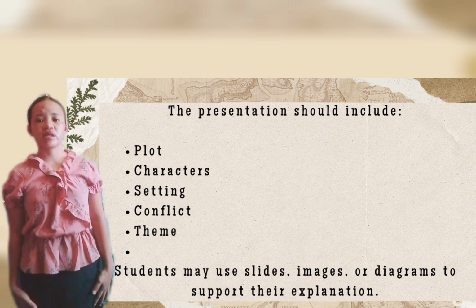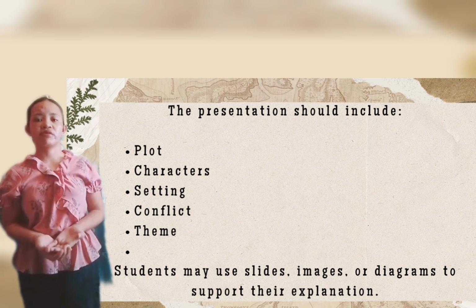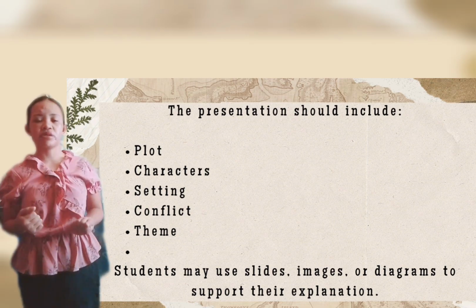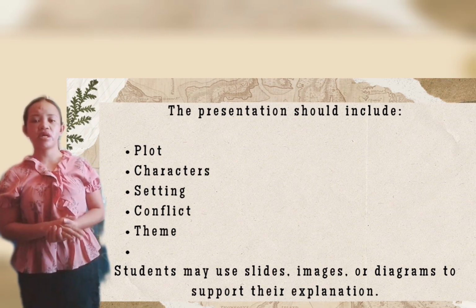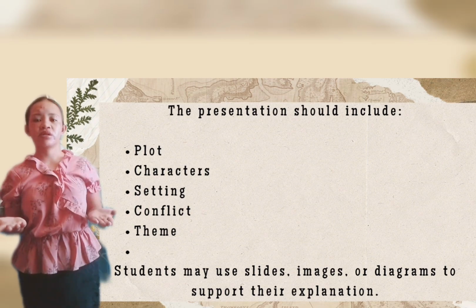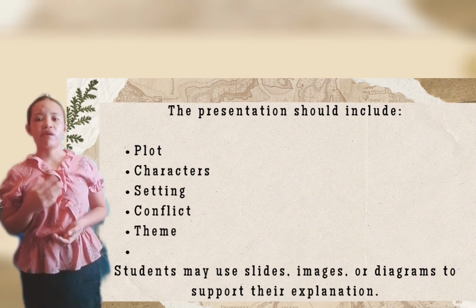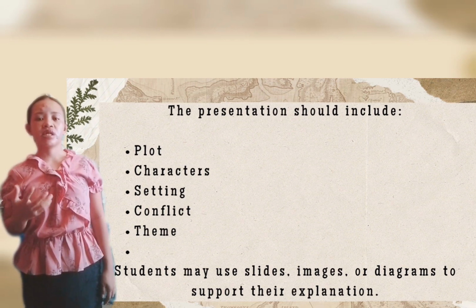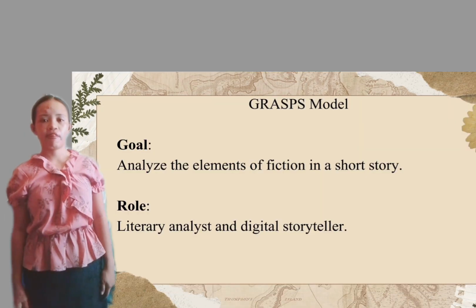Students will present their analysis using visual aids such as slides, images, or diagrams. This type of test allows students to demonstrate their understanding in a creative and meaningful way, while also developing their communication and presentation skills.